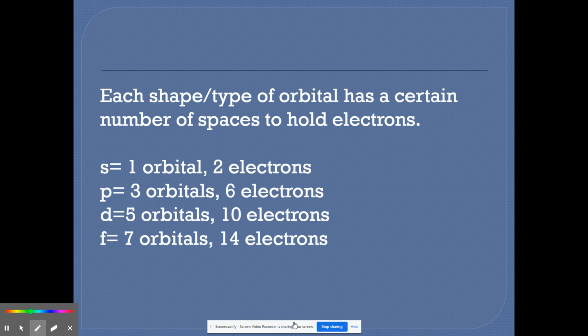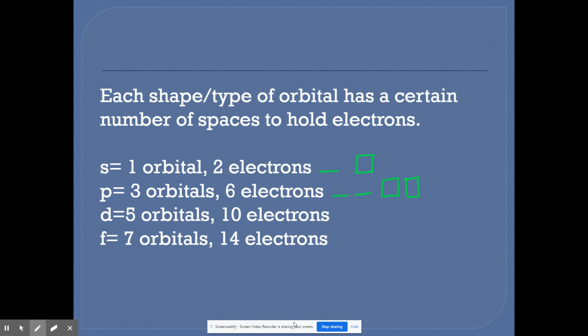Now, since we're not drawing all those circles, the way we draw it is simply with just lines. Sometimes, like on your homework on the computer later, you will see boxes. So it can either be lines or boxes. Each one of these is 1 orbital. So S has 1 orbital, it has 1 line or 1 box.